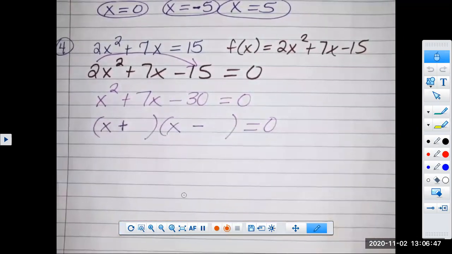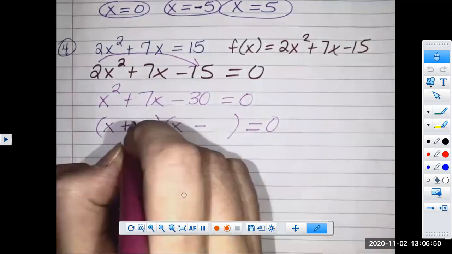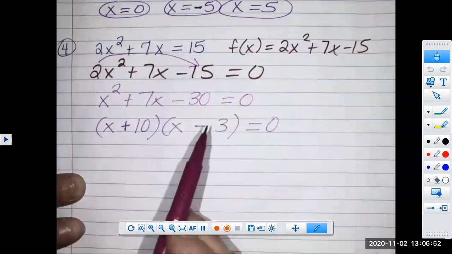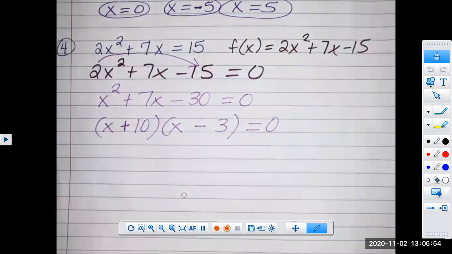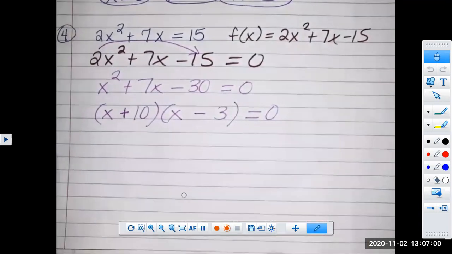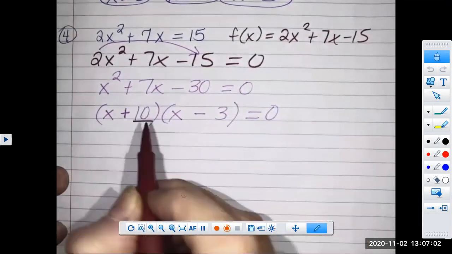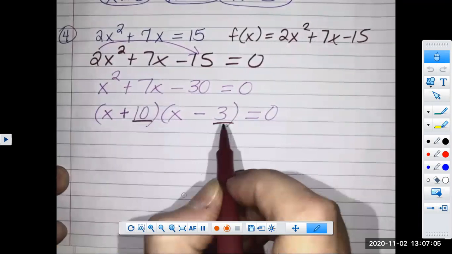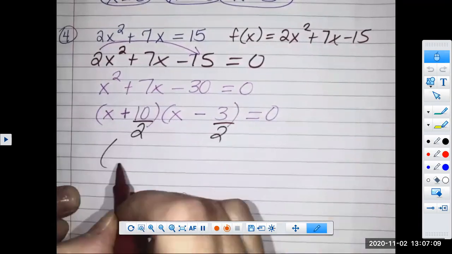Good, 3 and 10. 10 must go with your positive, because positive 10 minus 3 got to give you positive 7. You have to remember to go back and divide by what? 2. Good. Plus 5. Simplify any part that will.